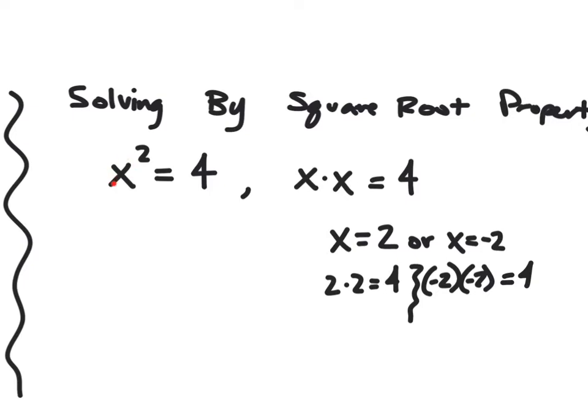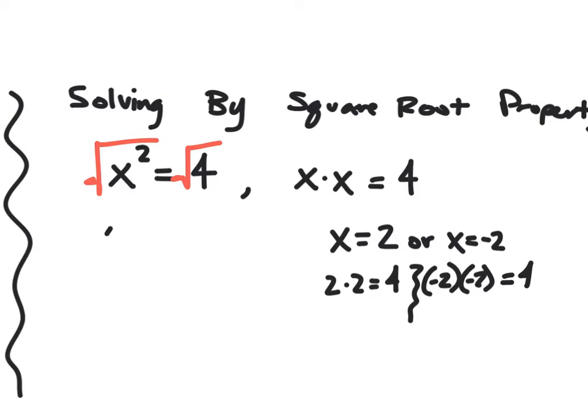When I square something, it's always going to make that value positive. So I can square a positive number, and that'll give me my value 4. Or I could square a negative number, and it'll still give me a positive value. So when I solve this, the opposite of squaring something is taking the square root. So I would just do this first step here to solve that.